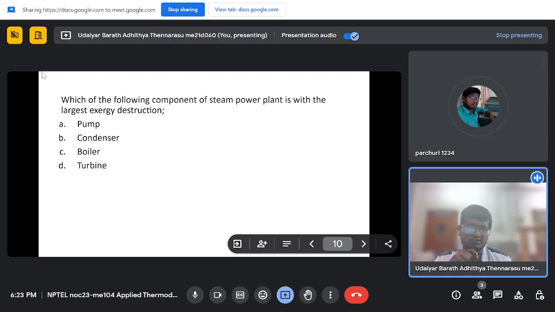Largest exergy destruction: the answer is boiler, because you have a high temperature source, and the temperature at which the water is boiling, there is a huge temperature difference. So your heat transfer is happening at a large temperature difference, so there will be large irreversibility happening. So it will generate large exergy destruction. Hence boiler.